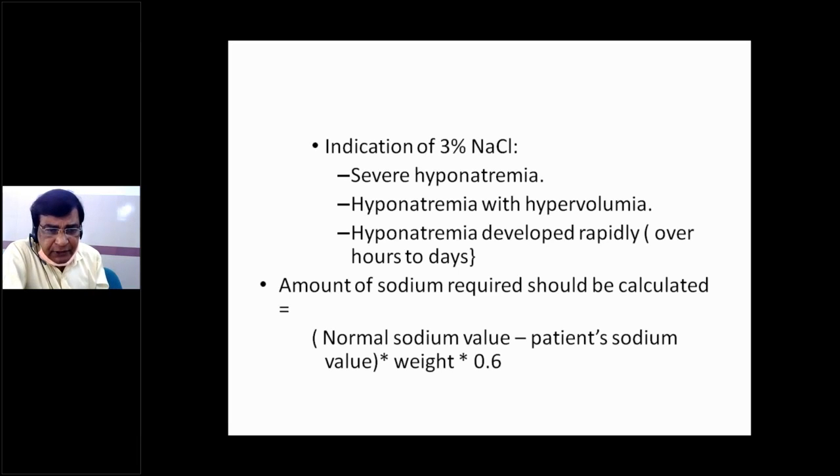But before starting treatment, we have to calculate the required sodium level for that patient, and that is calculated by a formula: normal sodium value minus patient sodium value, into weight in kg, into 0.6.